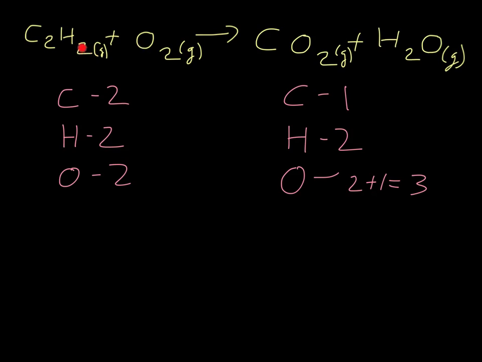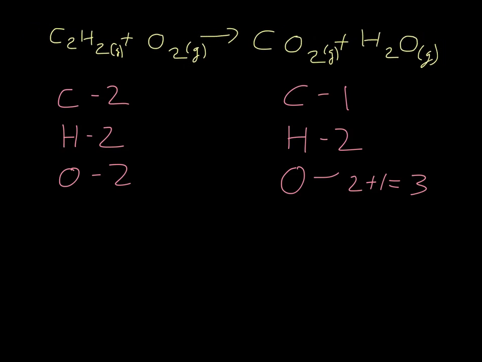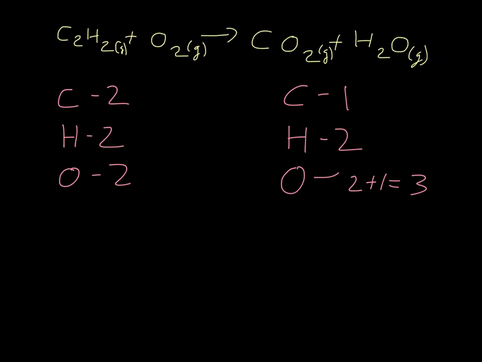I can't touch any of these little numbers here. I can't touch the numbers in my compounds. The only thing I can do is change the number of molecules that react. I can't touch what the molecules are. I can only balance my chemical equation by putting numbers in front of the compounds in my chemical equation.